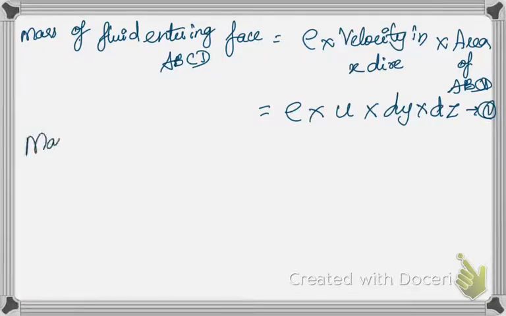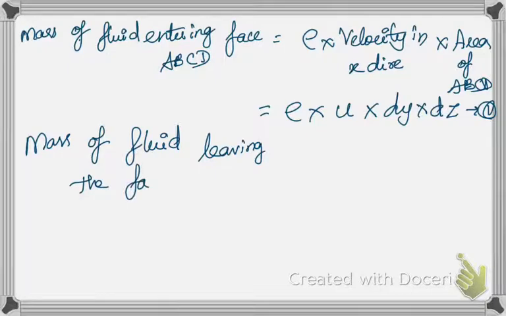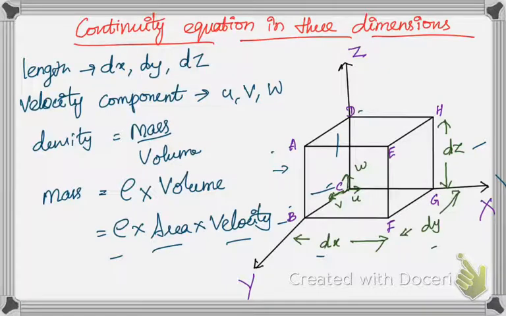Now what is the mass of fluid that is leaving the face EFGH? Some fluid is entering the face ABCD, and some amount of the fluid is going to leave the face EFGH. What is entering plus an additional amount of fluid will be going out, because this is a control volume, a fixed volume in space, and we are going to take this additional amount into account.